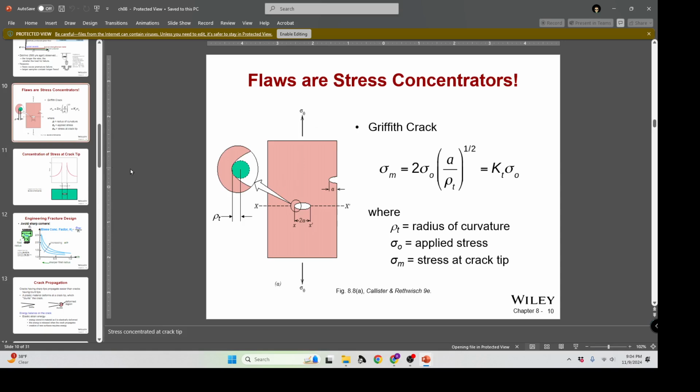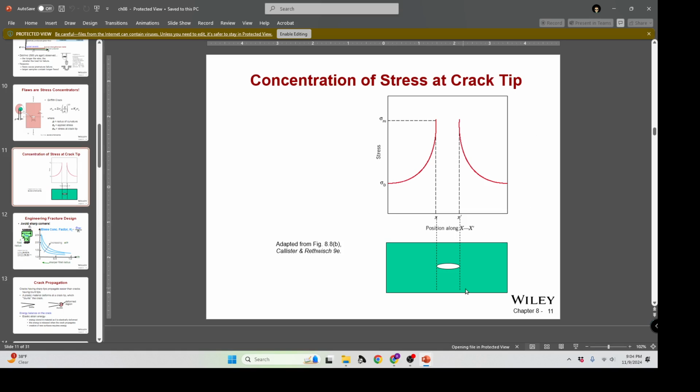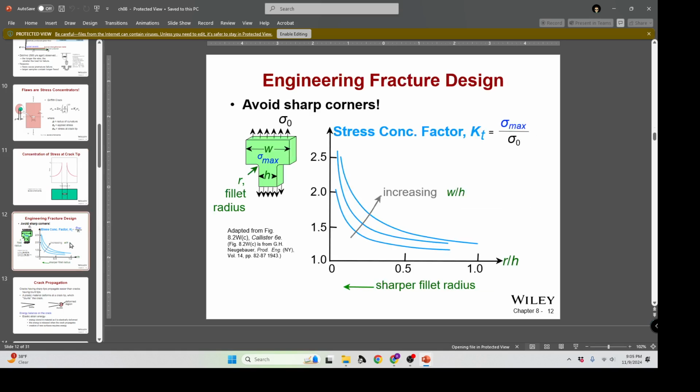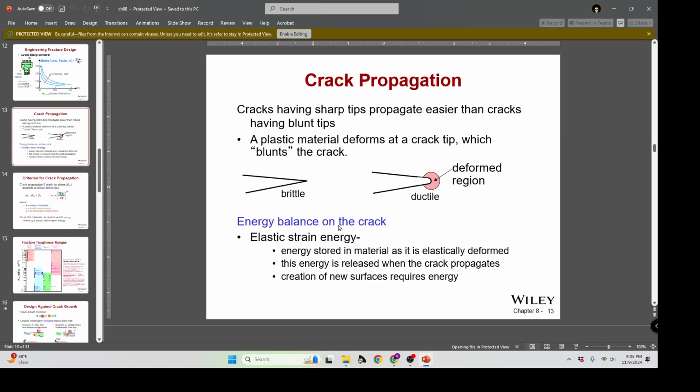Flaws and stress concentrators become really important because at the edges of a crack, your stress gets concentrated. And that's why we design stuff without sharp dimension transitions, because that gives us concentrated stress. Same force, smaller area, higher stress in that concentrated region, which promotes failure because that concentrates the force.